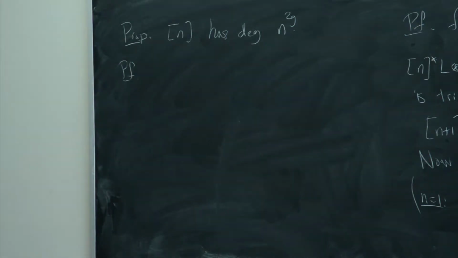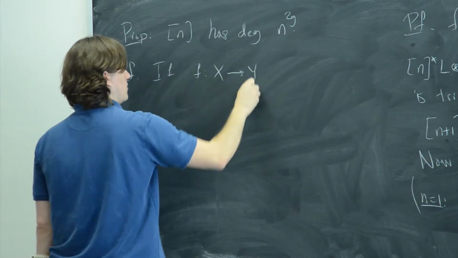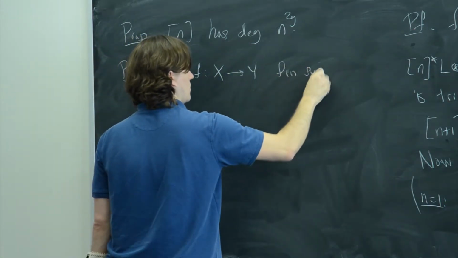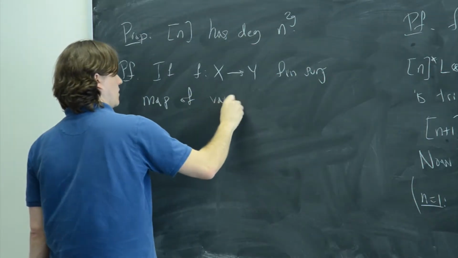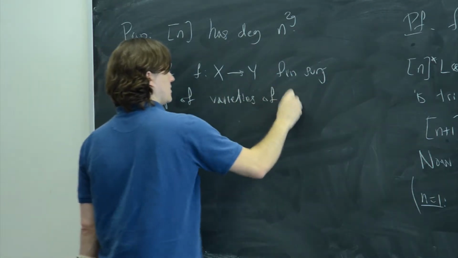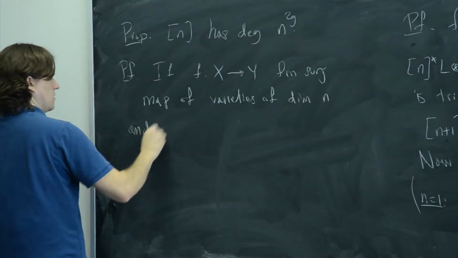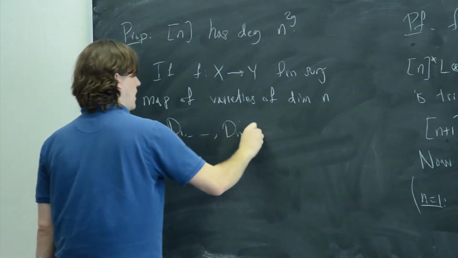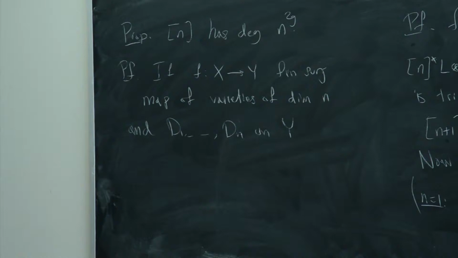And it's not hard to give a proof if you're willing to use some intersection theory. So here's a general fact. If you have a finite surjective map of varieties of the same dimension n, and you have divisors d1 through dn on y, so these are codimension 1 things in y, and there's n of them, n being the dimension.